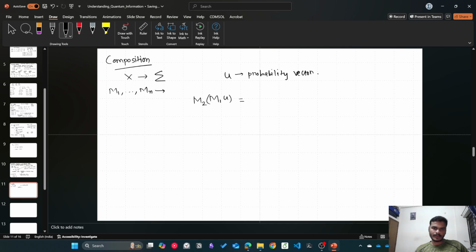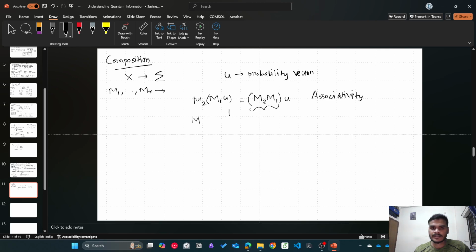Now, as you know, matrix multiplication is associative. That means we can write it as M2 times M1 times U. So instead of applying M1 first and then M2, we can take the multiplication of M2 and M1, then apply it to U. It will give us the same thing. This is possible because of the associativity of matrix multiplication. But we cannot change the order here.